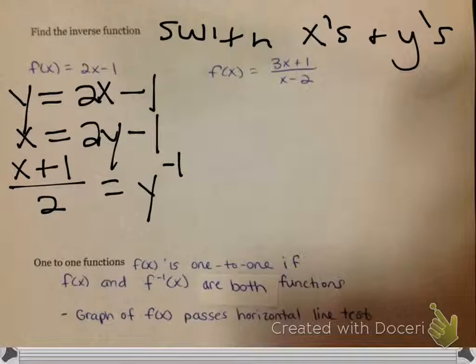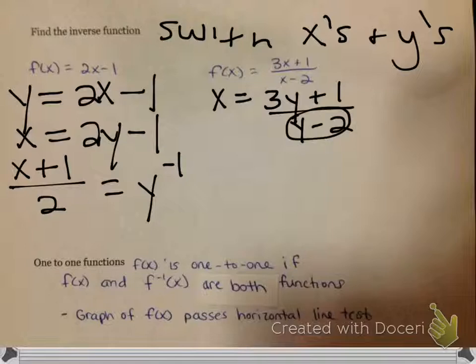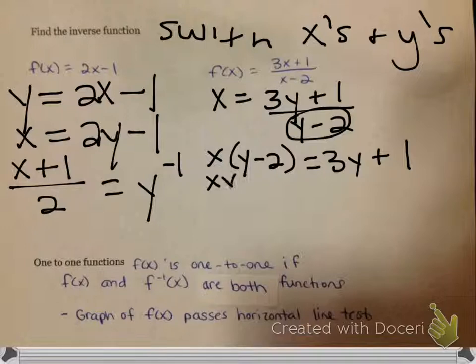Now what if it's a little more complicated? So I would switch and I would say x equals 3y plus 1 over y minus 2. Now how do you solve this for y? First thing I'm going to do is multiply both sides by y minus 2. So I'd get x times y minus 2 equals 3y plus 1. Now I'm actually going to distribute: xy minus 2x equals 3y plus 1. Now I have two terms that have y in it.